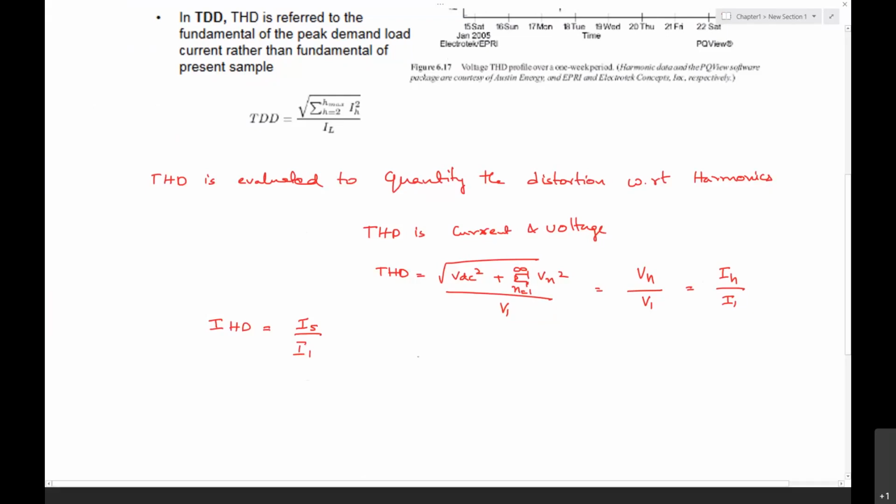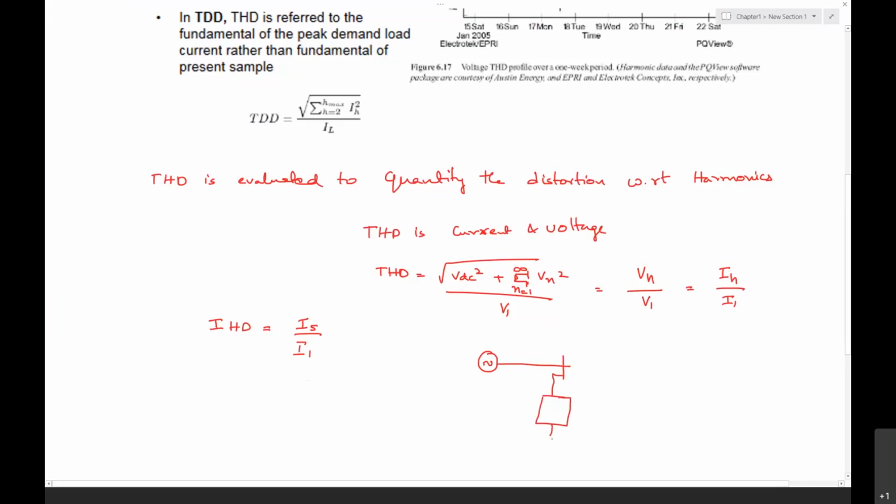In some distribution systems, they specify the percentage of harmonic current that can be injected into the source or drawn by the source, because on the utility side they try to design a passive filter.